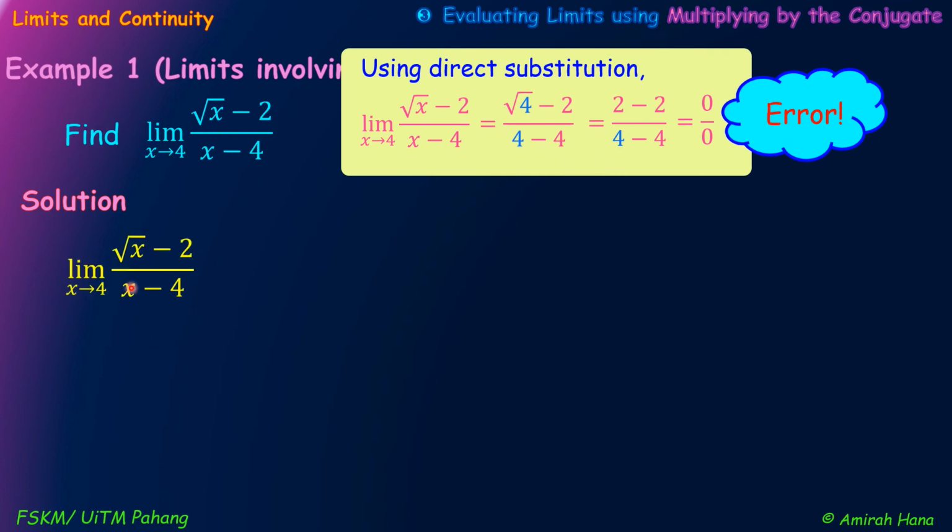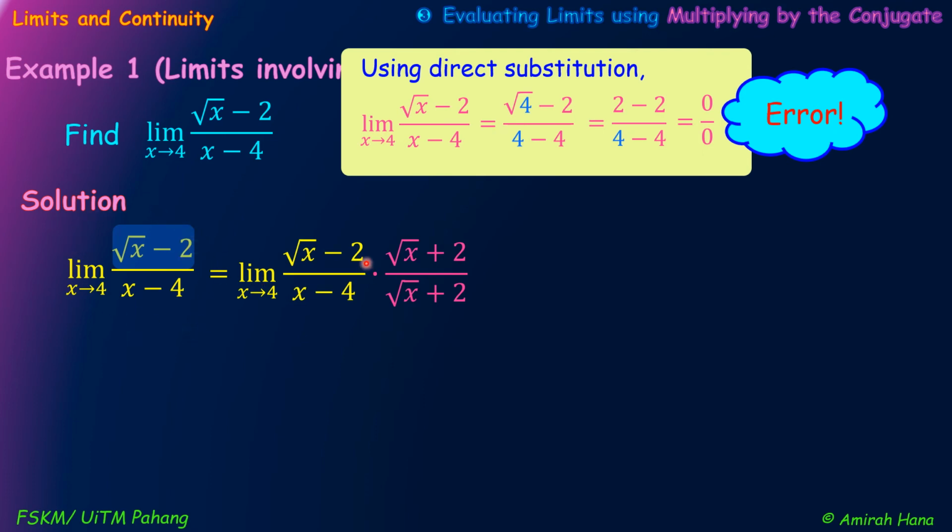The correct method is as follows. Let's say we have the limit as x approaches 4 of (√x − 2)/(x − 4). From here, we have a numerator with a radical sign, so we need to multiply by the conjugate of the numerator.